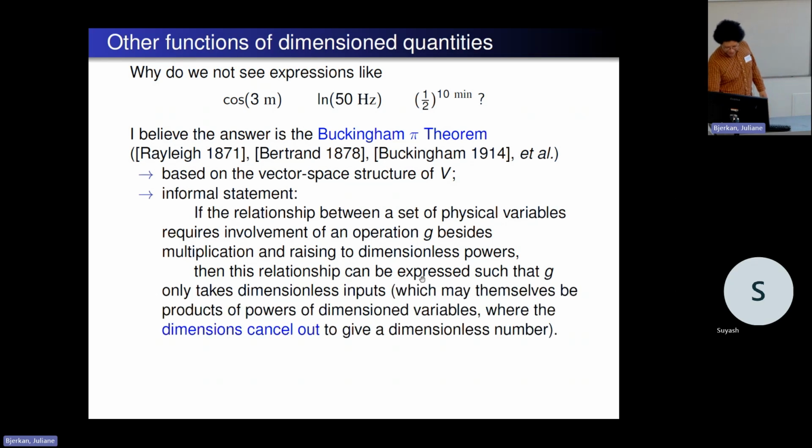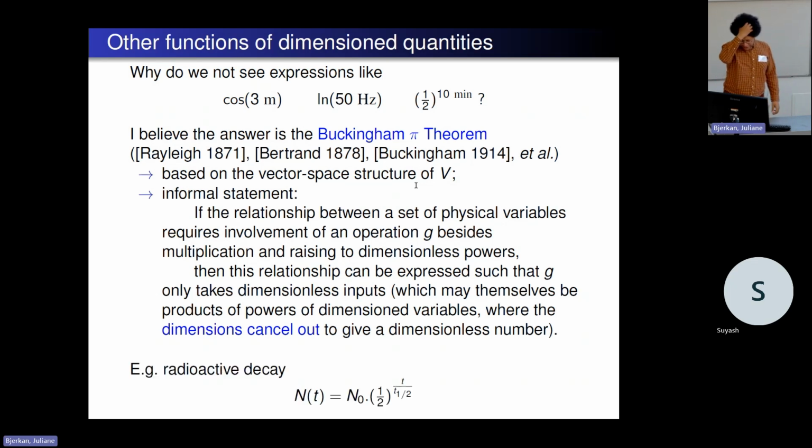So for example, these dimensionless inputs will often be the products of powers of dimensioned quantities with units, but the dimensions, or in other words, the units will cancel out to give a dimensionless number. And so the Buckingham Pi theorem says it's always possible to do this within this space of quantities.